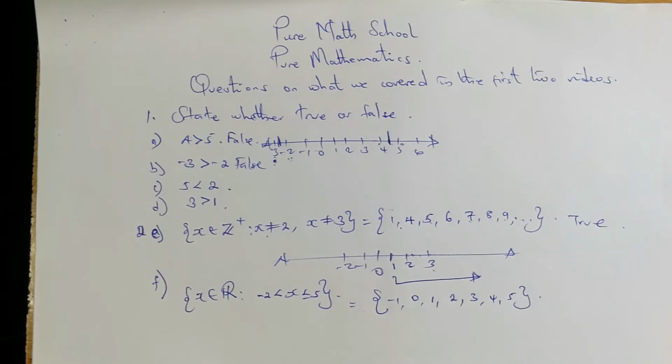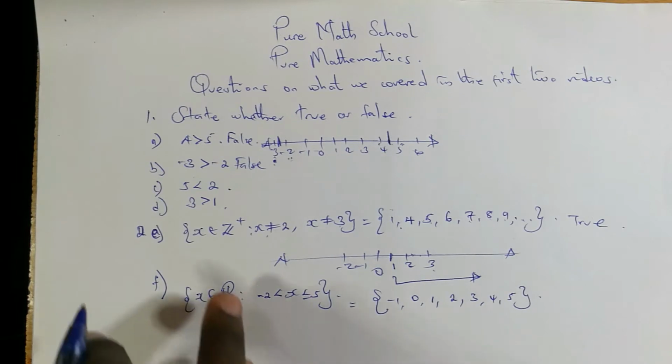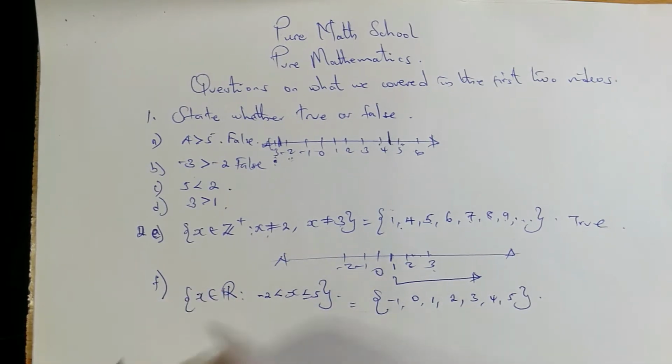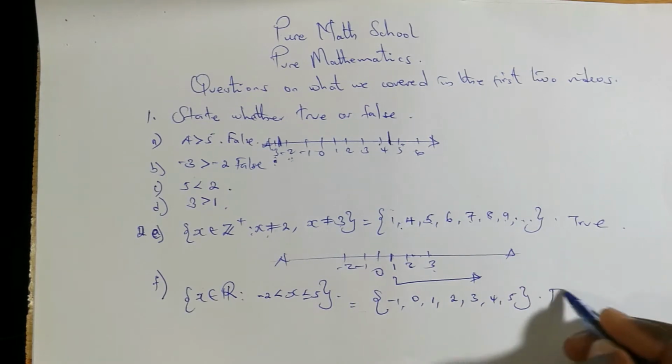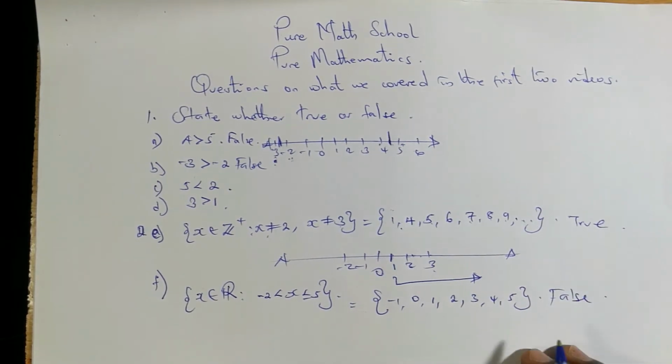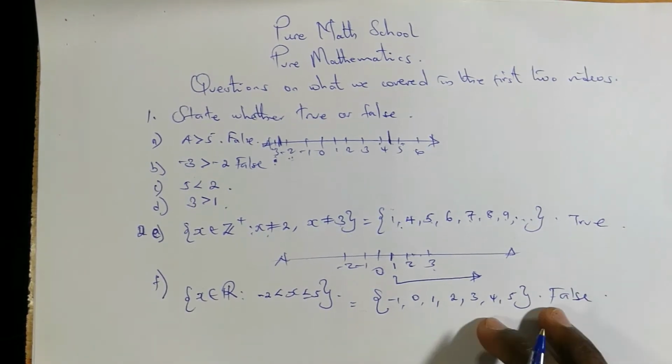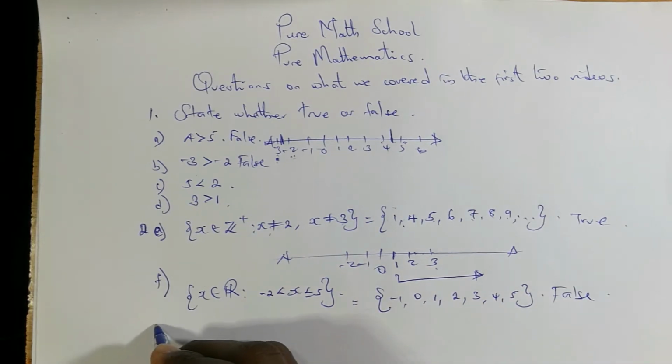So the listing below is only integers. You can't list a set of real numbers. You would rather leave a solution set like that in case you come across it. So for that case, we can say this is false. And I can leave out something for you to try out.